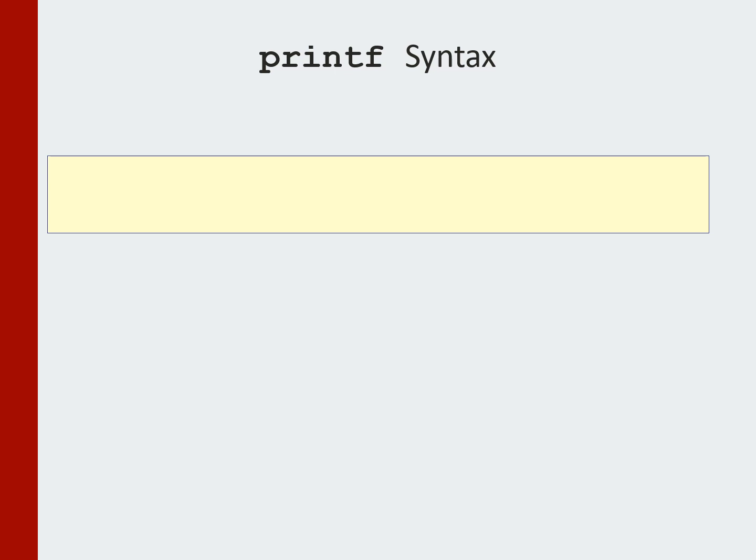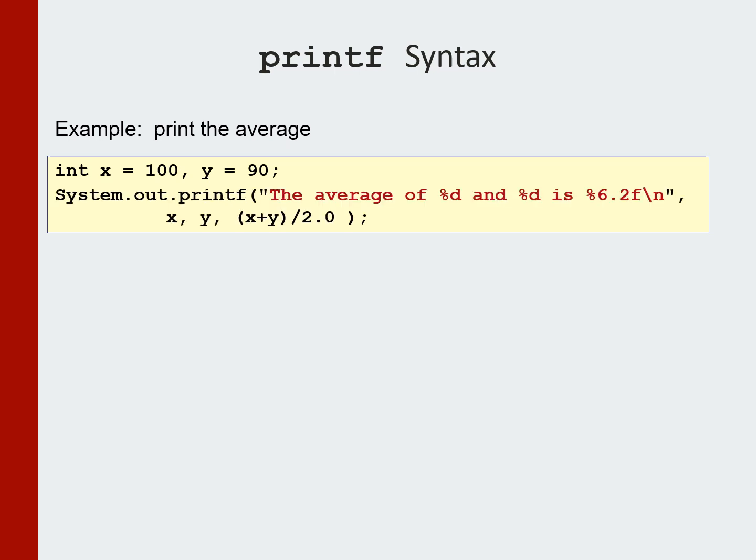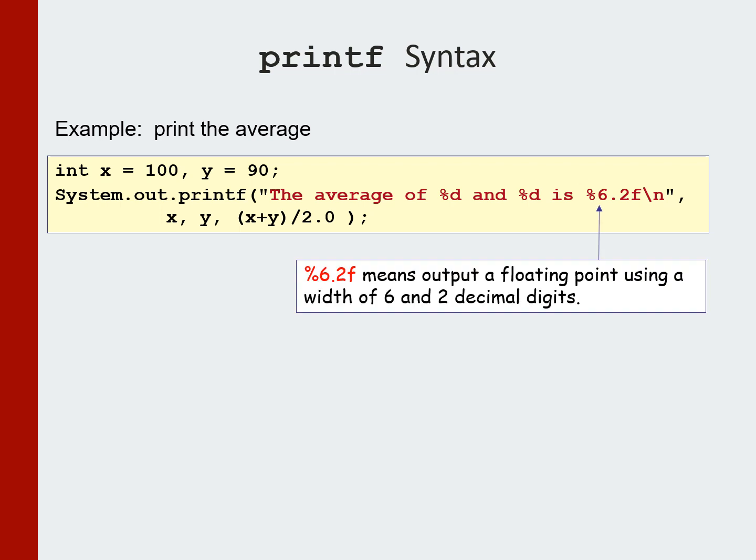A little bit more example with the printf syntax. Let's say I want to print the average. So I say int x is equal to 100, y is equal to 90, and I'm going to do System.out.printf, "The average of %d and %d is %6.2f" and then a new line. So the %6.2f means to use a floating point, which has a width of 6 and uses 2 decimal digits.